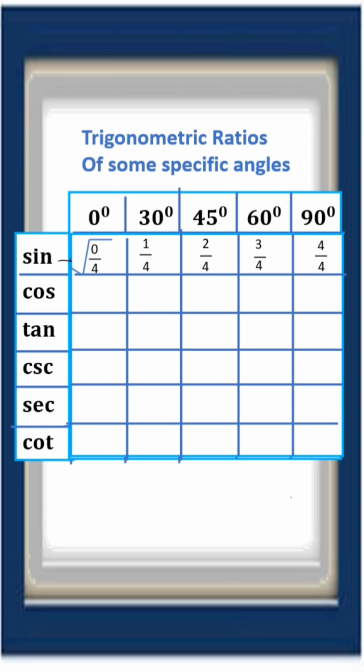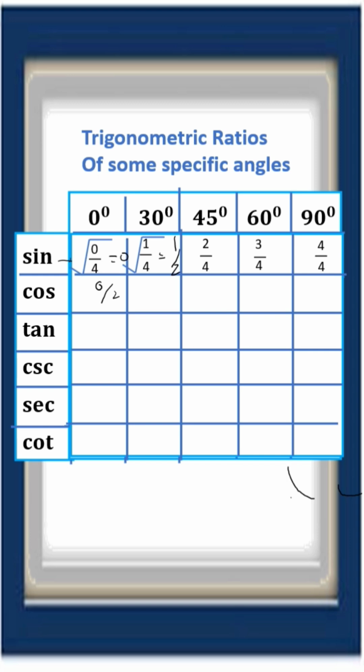Square root of 0 is 0. Square root of 4 is 2. 0 by 2 is 0. Here 0. 1 by 4. Square root of 1 by 4. What is it? 1 by 2. Square root of 2 by 4. What is it?